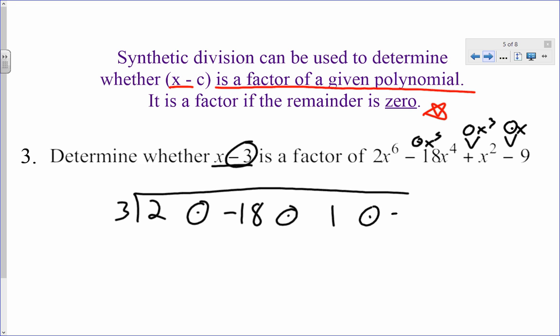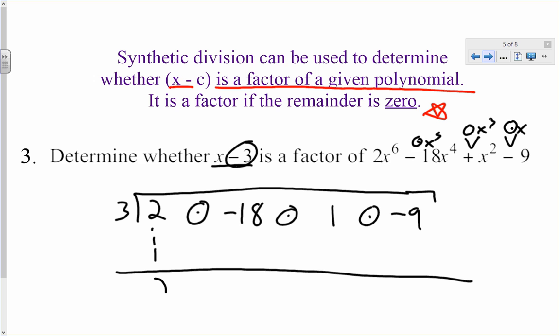0, and negative 9. So start this process, dropping down our 2, and I get a 2 there, and then I'm going to multiply by 3, and 2 times 3 is 6. 0 plus 6 is 6.